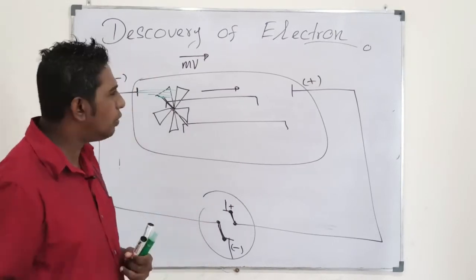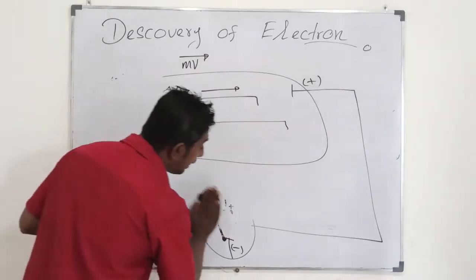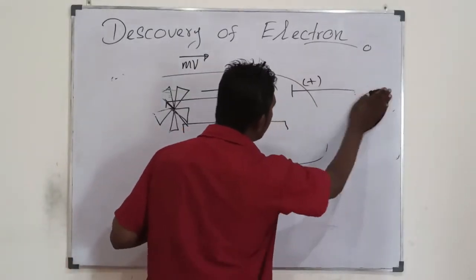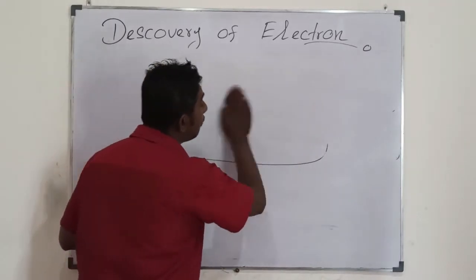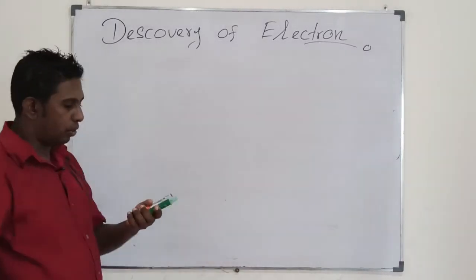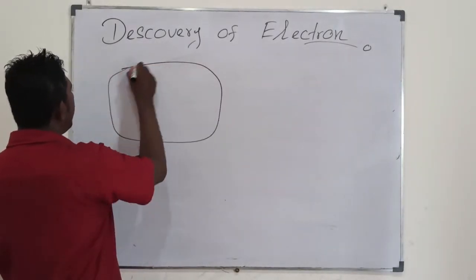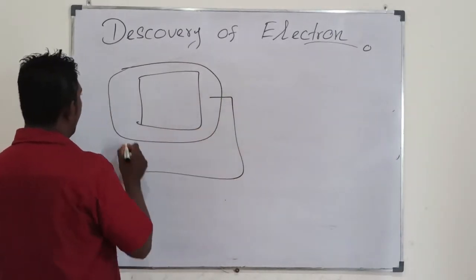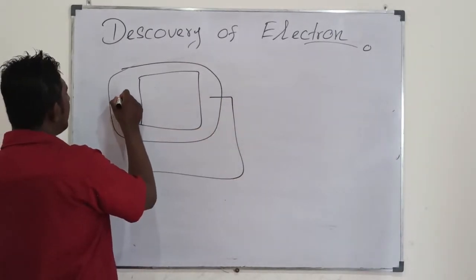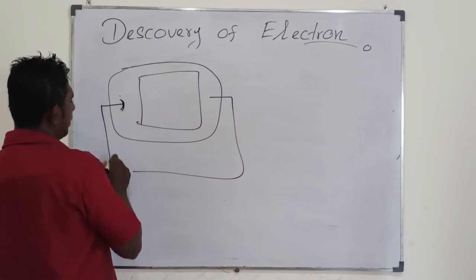Okay. Next, students, he wanted to check how these cathode rays get emitted compared to the emitting surface. On that, he did something like this. He kept a screen inside, and once there was a convex cathode kept.